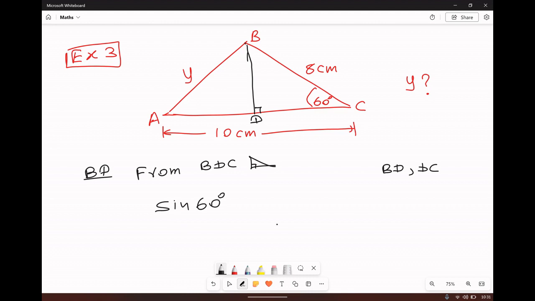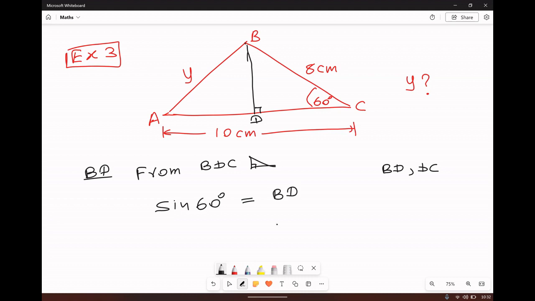We have not discussed sine, cos, tan yet, but in another lesson I'll discuss this as well. Sine is equal to the opposite divided by hypotenuse. Here, the opposite of the angle is BD.